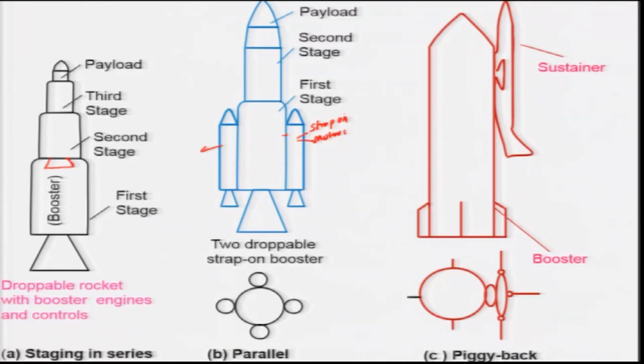However, the drag component of this piggyback is much higher compared to the parallel or tandem staging. But this is very essential for the manned mission. As I told, it has already been used by the USA and other developed countries to make their manned missions a success.